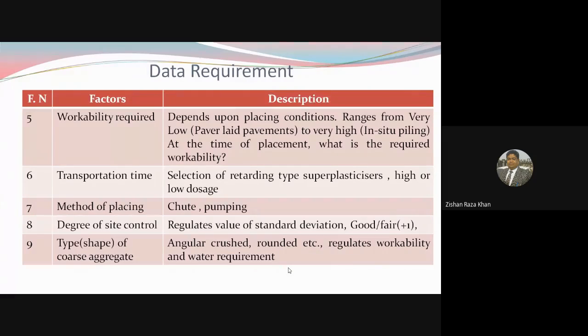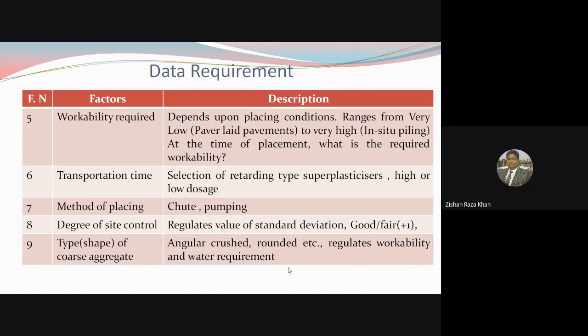Now the next factor is transportation time. If we are producing the concrete at the site or very near to the site, there is very little time gap between production of concrete and its final placement, so transportation time is quite less. When transportation time is quite less, you do not need any retarders in the concrete mix.